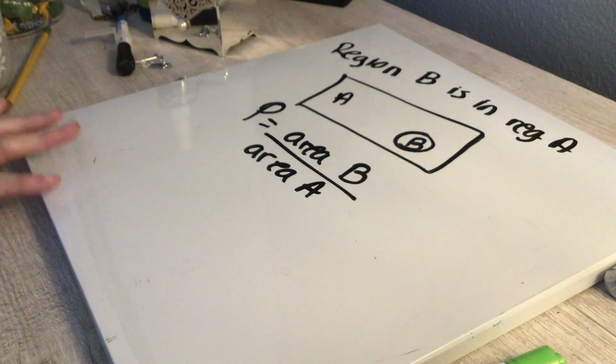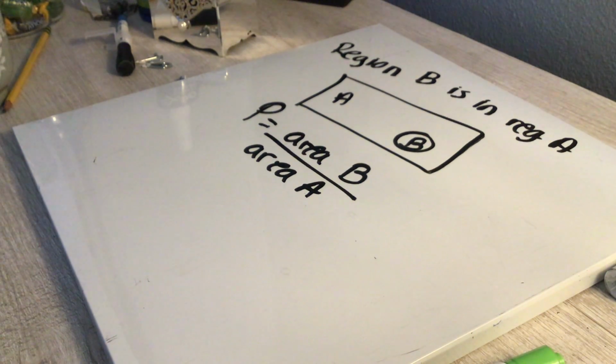So probability is always between 0 and 1. It's a likelihood that something's going to happen.